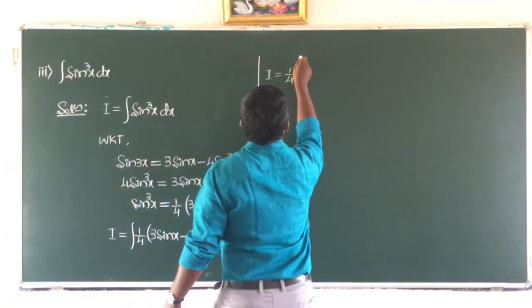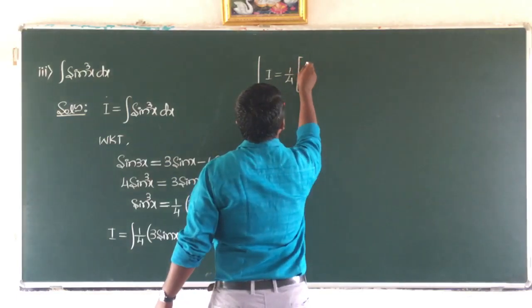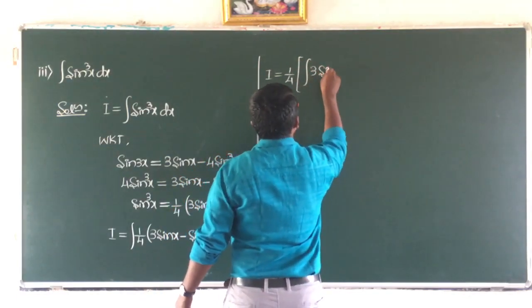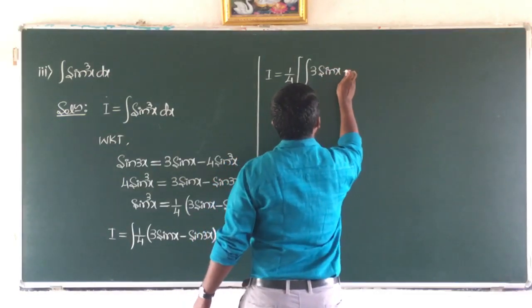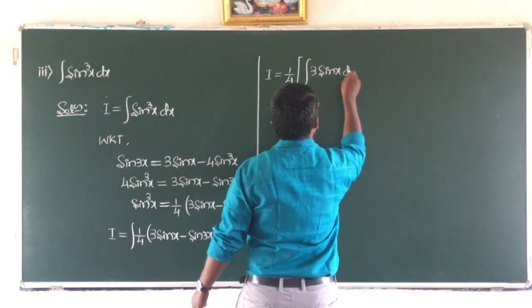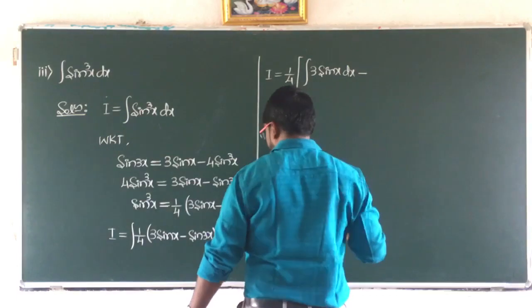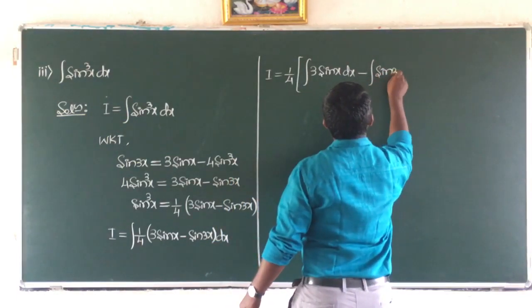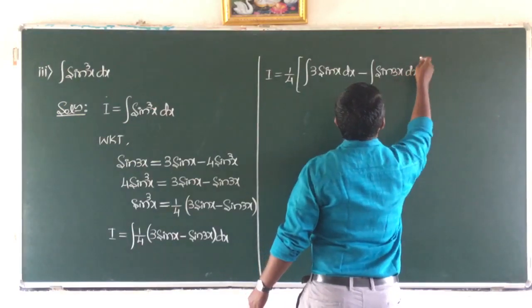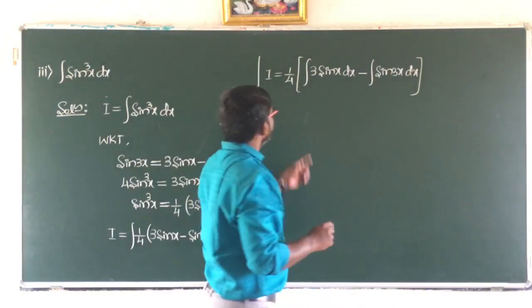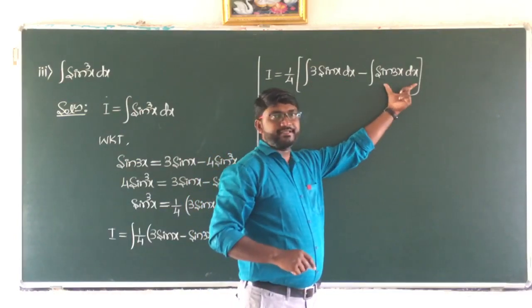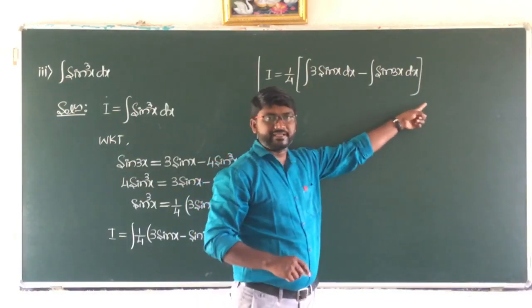So here we get integral 3 sin x dx minus integral sin 3x dx, close the bracket, because this 1 by 4 will be related to the first integral as well as to the second integral, that is why I am considering the main brackets.